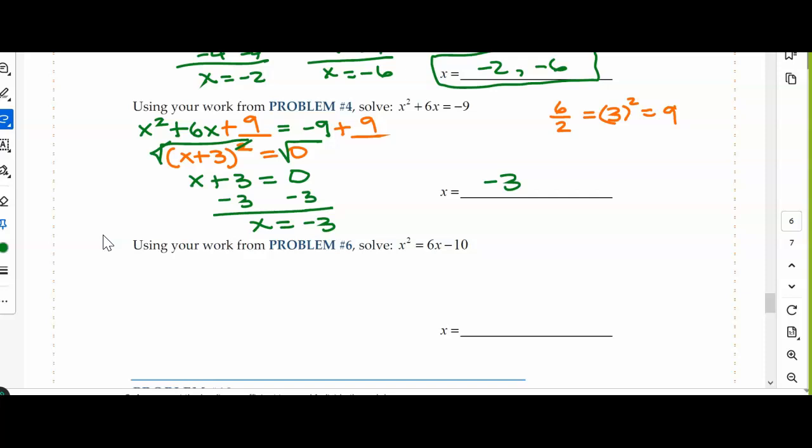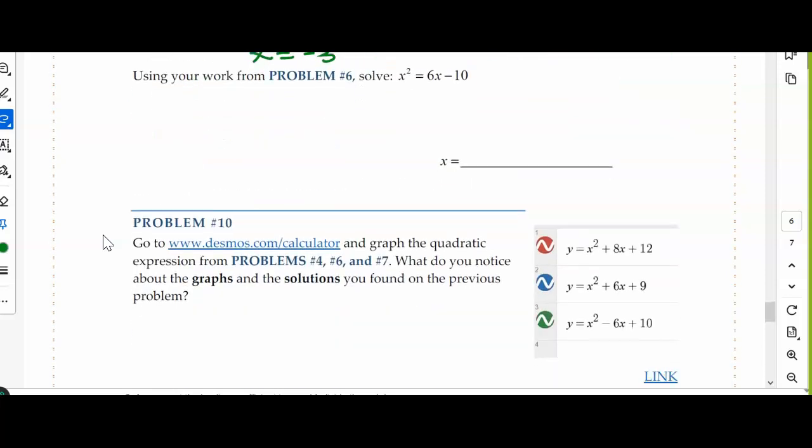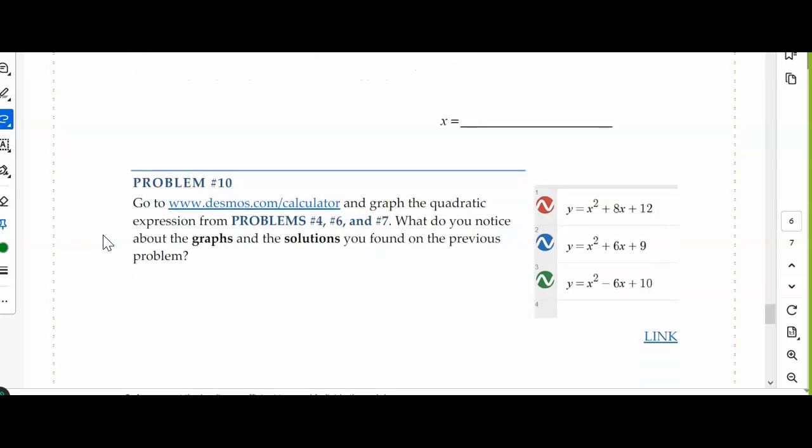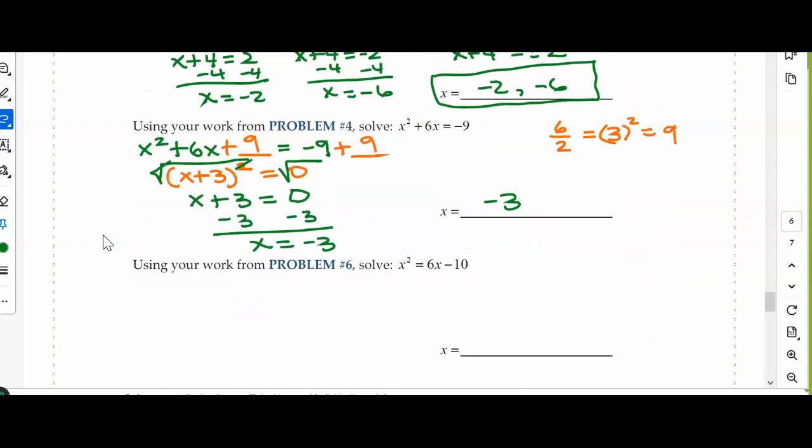Okay, and part of this, I'd like you to click on this link and see what happens, because the graph of it is kind of interesting. It's just showing, when you do this, at negative 3 our parabola is just touching right there at negative 3.